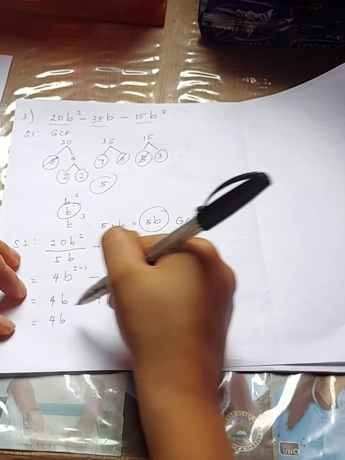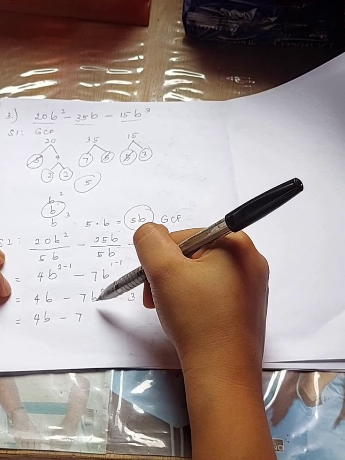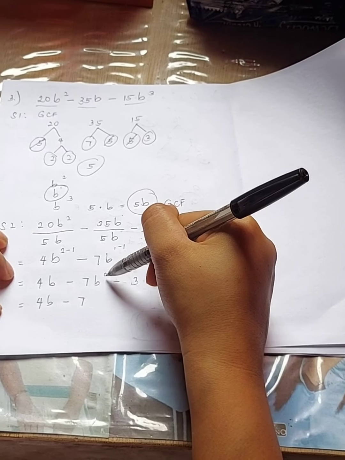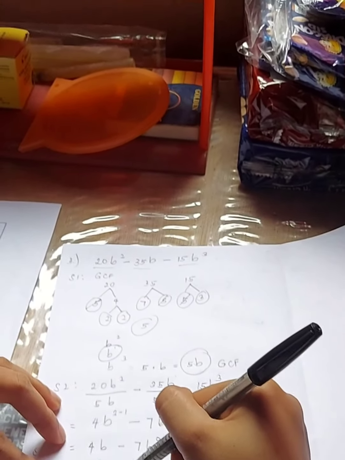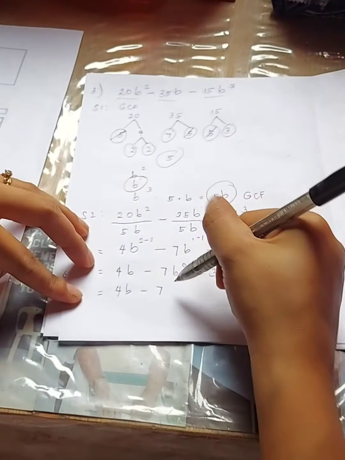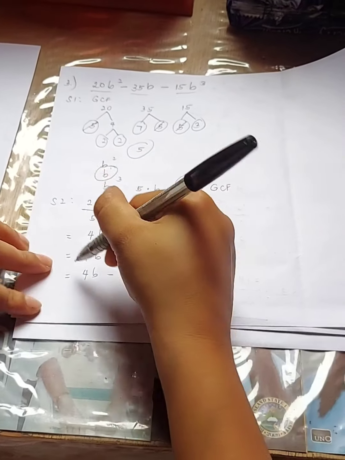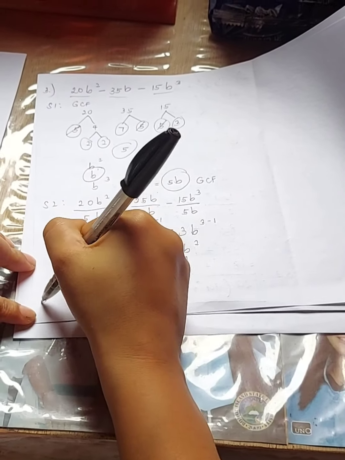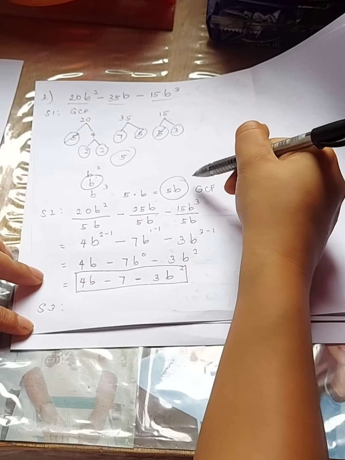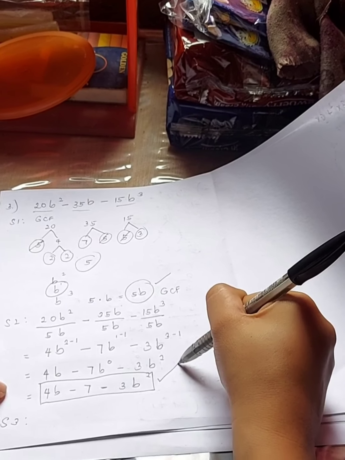So 4b minus 7, as I said, any number or variable raised to 0 is equal to 1. So that would be negative 7 times 1, which is still equal to negative 7. Minus 3b squared. So this is the result of our step 2. Step 3, multiply the result of our step 1 and the result of step 2.